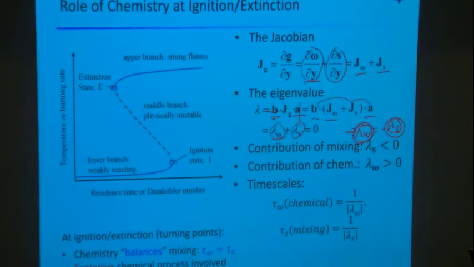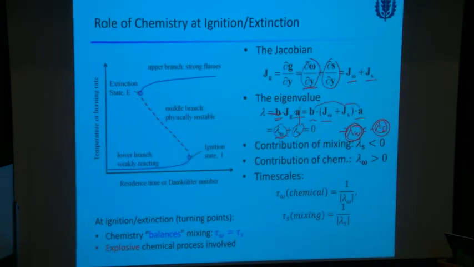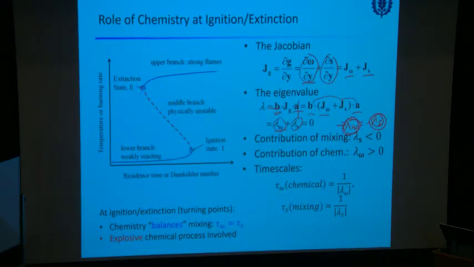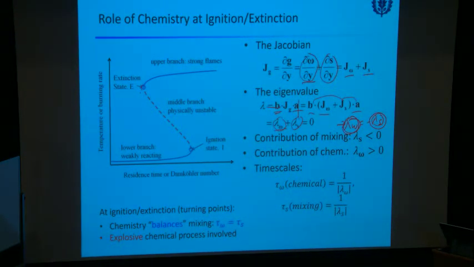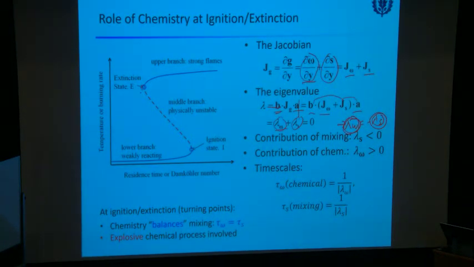But physically, what can you imagine? I spent too much time, I guess. Let me just take one more minute to finish this topic. So physically, how can a mixture become explosive? If it's totally product, high temperature, but all water and CO2, it cannot explode anymore, right?